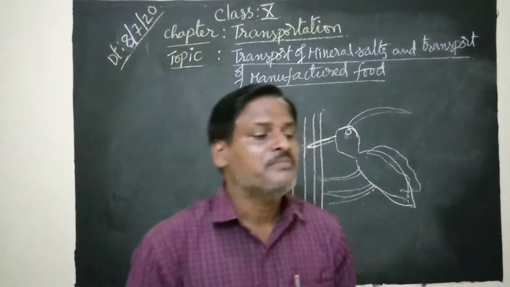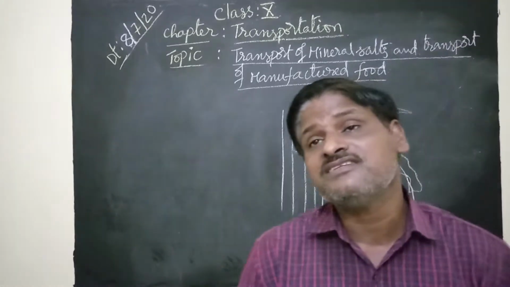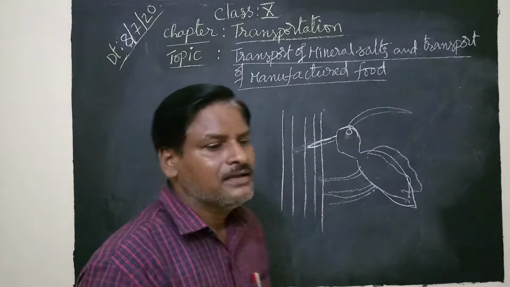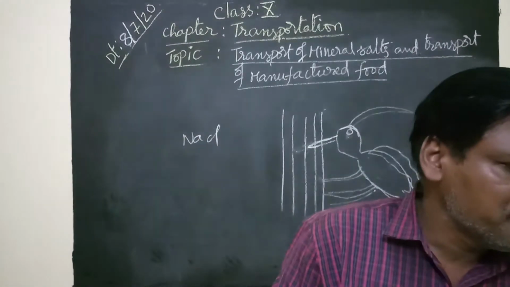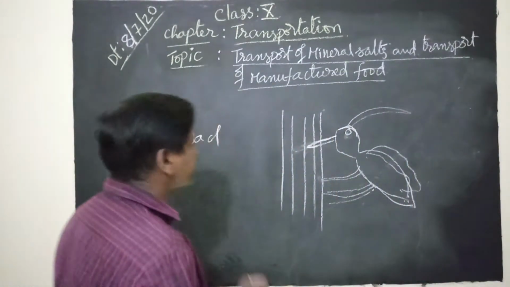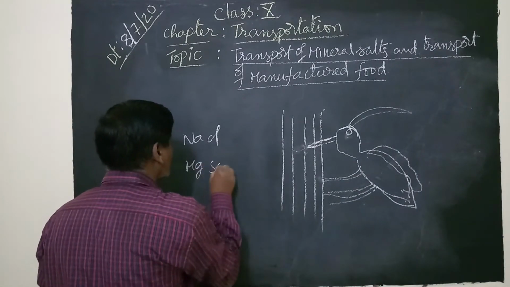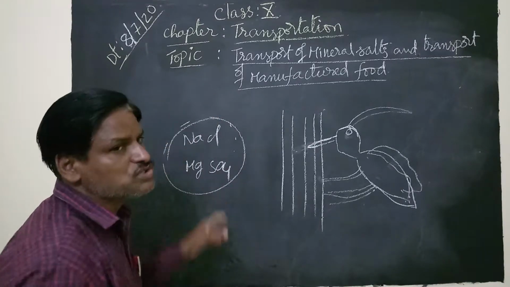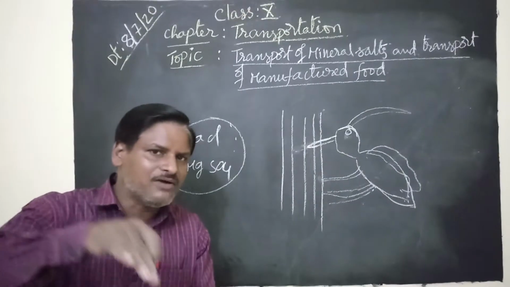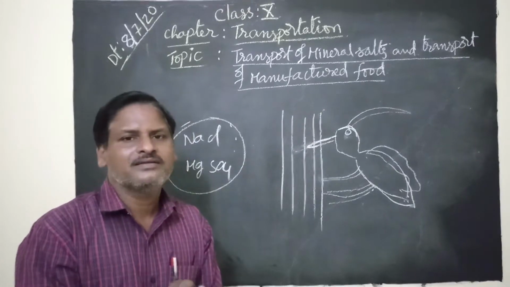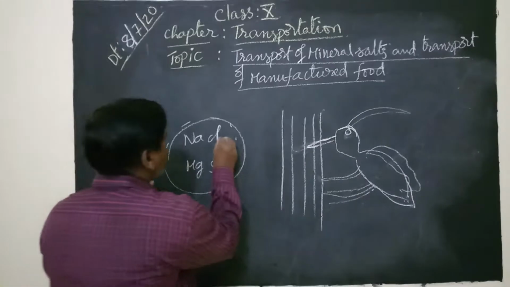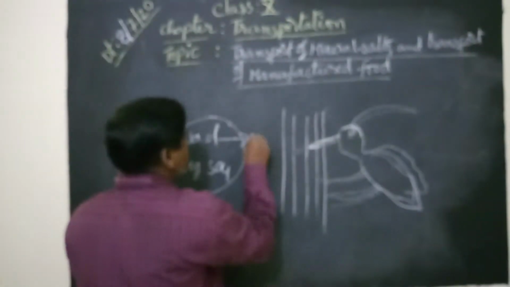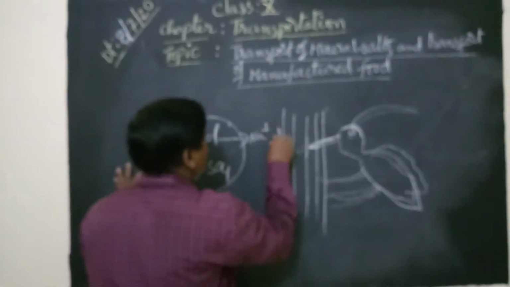If you observe, the most common mineral salts are sodium chloride, NaCl, and magnesium sulfate, MgSO4. So these are the two salts. When these two salts dissolve in the water from the soil, they change into ions. NaCl changes into Na+ and Cl- ions.